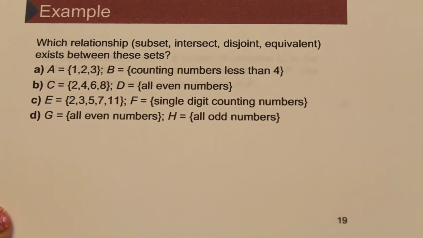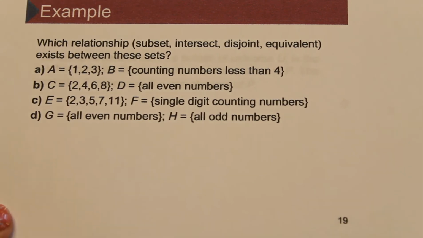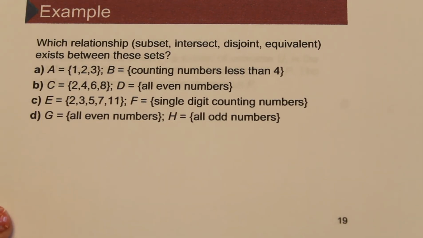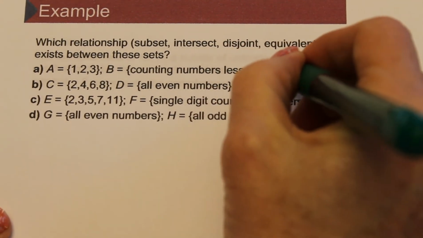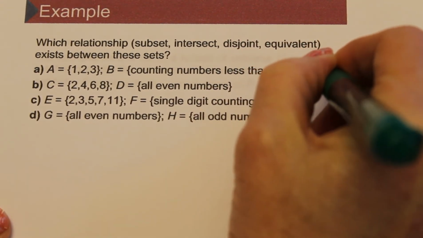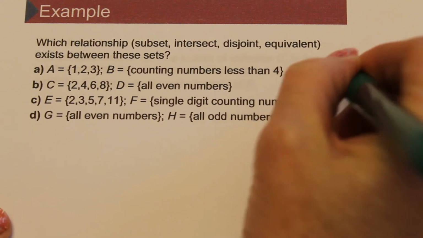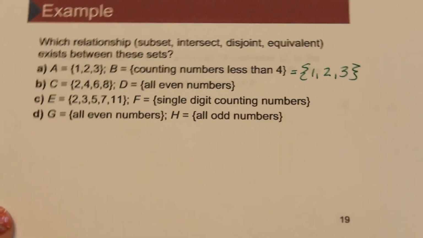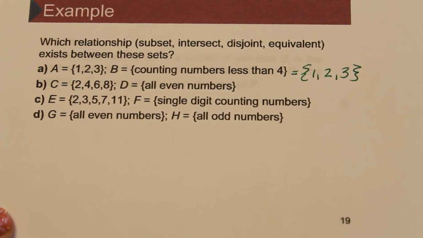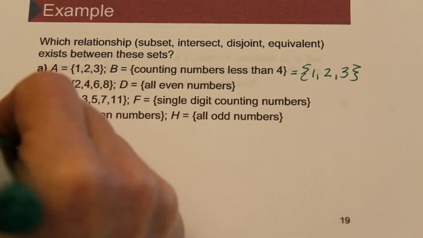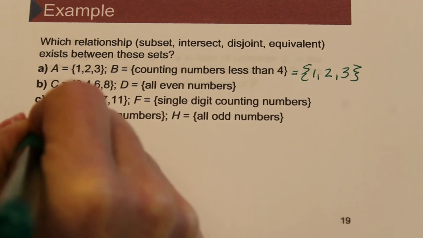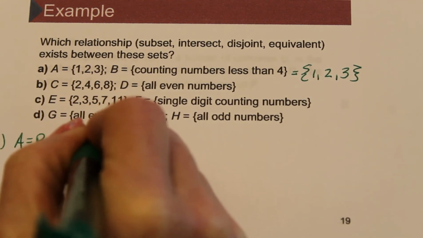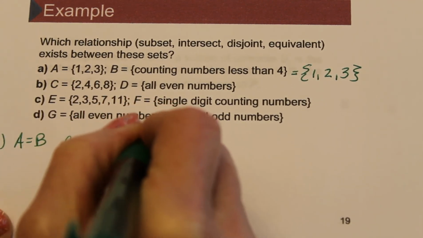If set A is the numbers 1, 2, 3, and B is the counting numbers less than 4, so B would be 1, 2, 3, and then we stop because it's less than 4. Look at set A and set B. They are equivalent.